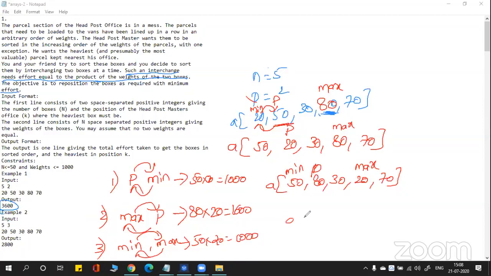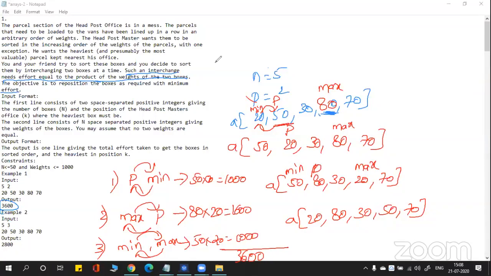If I interchange that, my array will become 20, 80, 30, 50, and then 70. Now tell me, what is the total effort I took here? 1000, 3000 plus 600, so totally my effort is 3600.